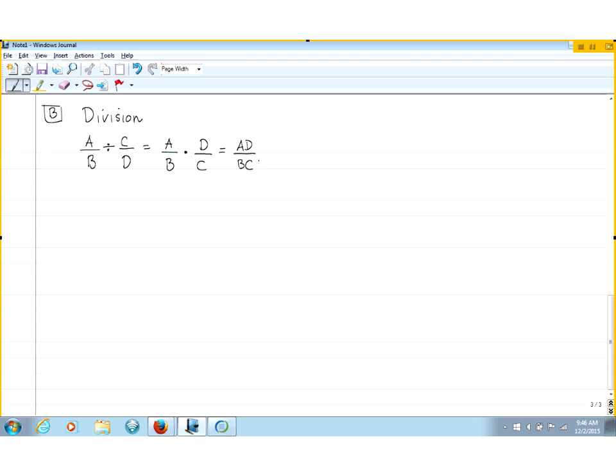So, for example, let's do a simple one. 2p squared minus 98 over 4p squared minus 4, divided by 16p minus 112 over 8p minus 8.